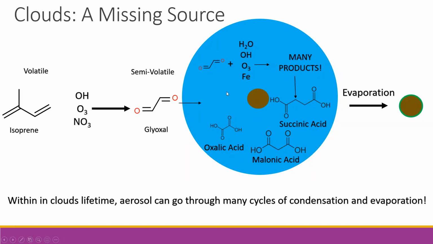And once the cloud droplet evaporates, the gases stay on the aerosol, and you've led to aerosol growth. Within a cloud's lifetime, an aerosol can go through many cycles of condensation and evaporation, which really can complicate the chemistry as you're switching between aqueous chemistry and gas phase chemistry.